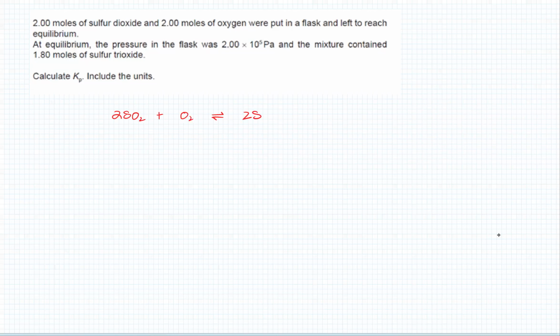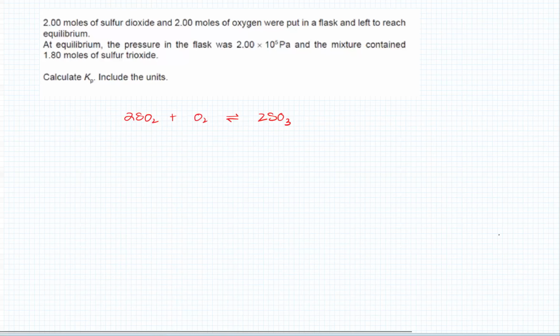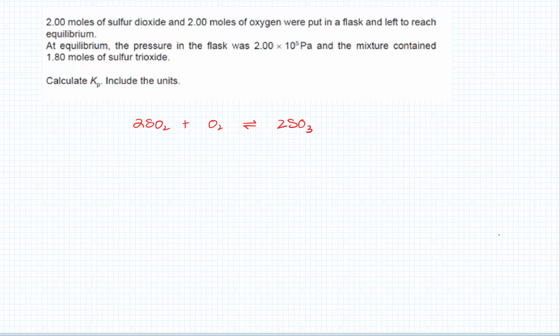This is the reaction that's going on. Now the first part would be exactly the same: initial moles. Here, 2 moles of sulfur dioxide are added, and 2 moles of O2 are added, and they're left to reach equilibrium. So that means there's no SO3 to begin with. Then you have your equilibrium situation.